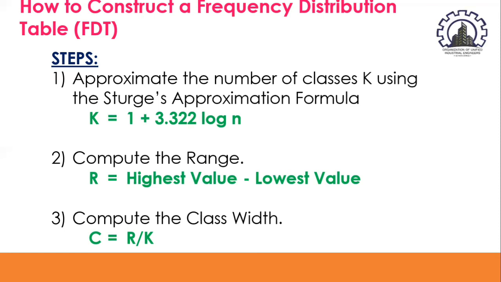And that's how you compute the range. And finally, the third step is to compute the class width. In order to do that, all you need to do is divide your range by your K. So this is how we construct a frequency distribution table.